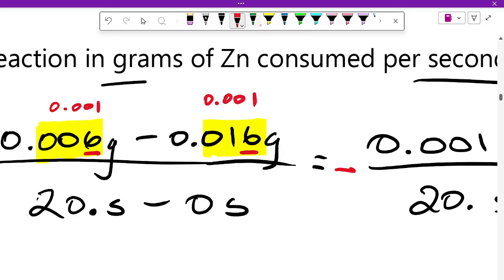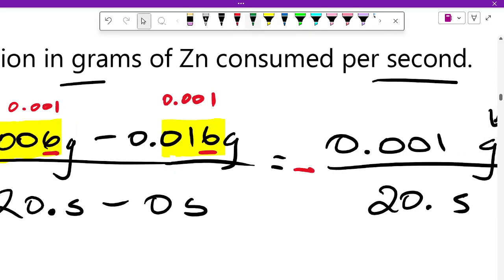That is our uncertain digit. That means that our uncertain digit in the answer is in the 0.00. Oh, and I've done this wrong. My math is wrong here, sorry. So I would have to have that there.